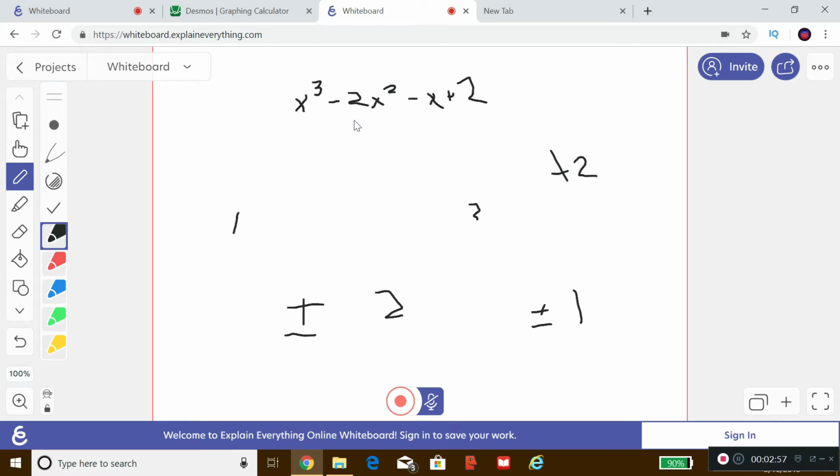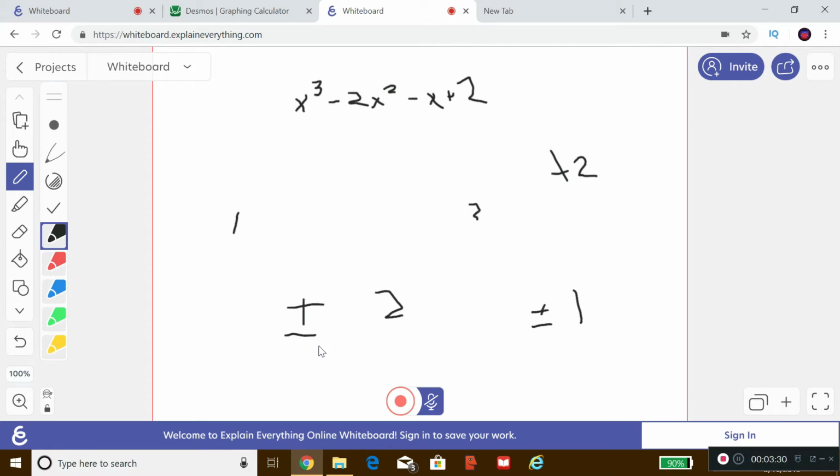Now we have two choices. We could either keep just plugging in rational roots, but that's a little bit time consuming, right? I'll do it for you guys real quick here. Let's try minus 2. So minus 8 minus 16, this would equal minus 12 if we plug in minus 2, so minus 2 does not work.